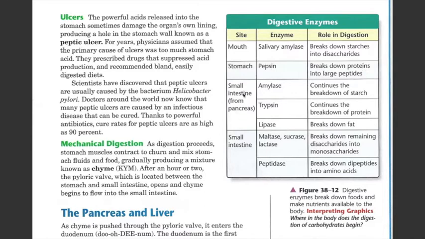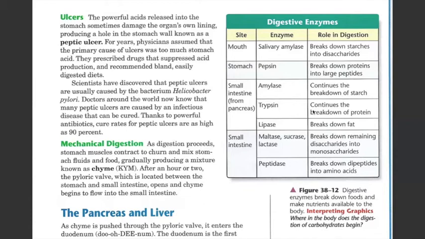In the small intestine, we didn't get there in this reading, but there's more amylase that breaks down the carbohydrates. Something called trypsin, which breaks down even more proteins, and lipase, kind of sounds like lipids, breaks down fat. So your small intestine is going to do a great job breaking everything else down.